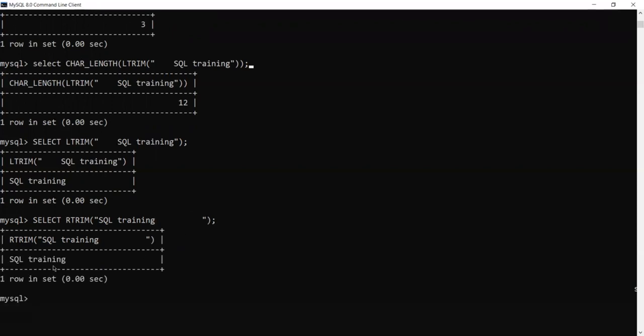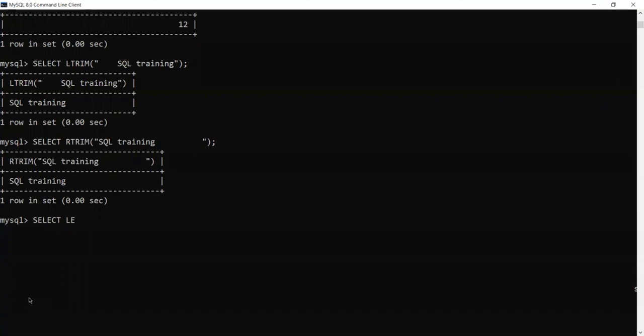So when I run this, you can see that the spaces are taken off. How do you understand that? We'll take the char length of our string, with spaces on the right hand side.